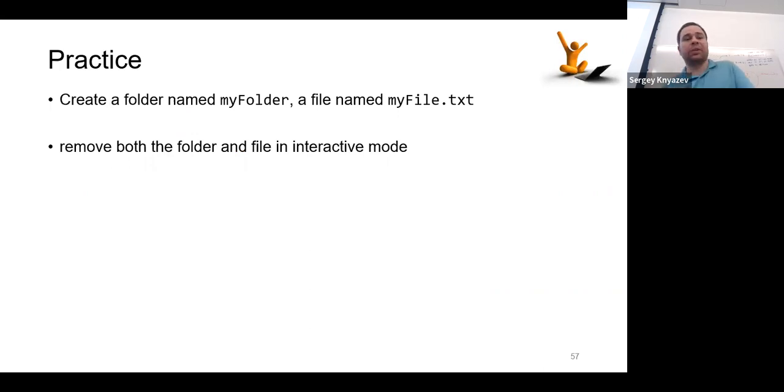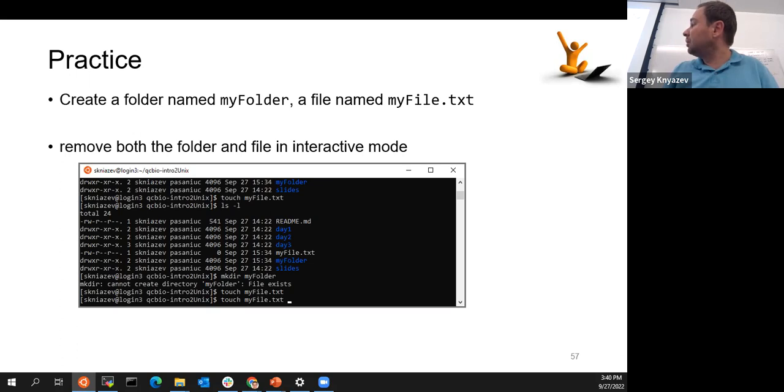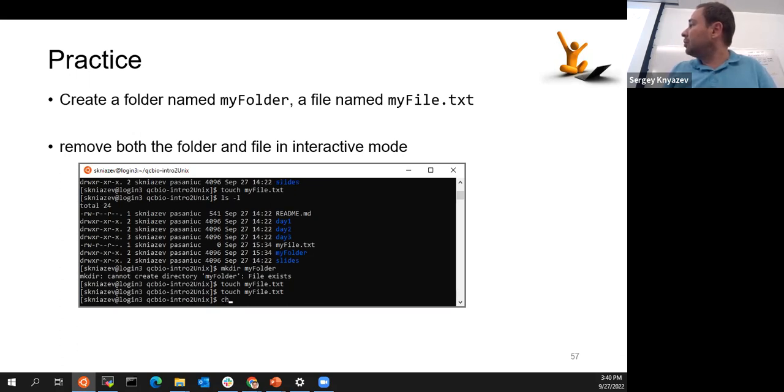So here's the practice: create a folder named my folder and a file named my file. Remove both the folder and file in interactive mode. So for example, I touched my file. Change mode to 444 my file.